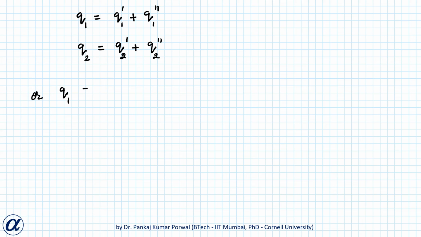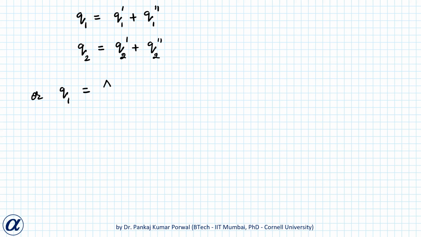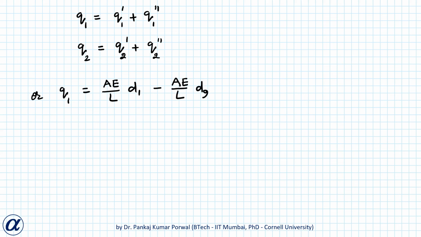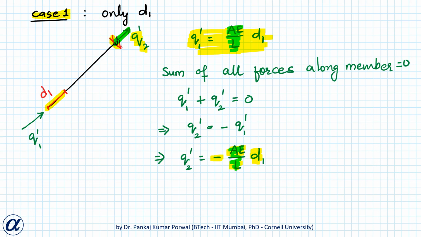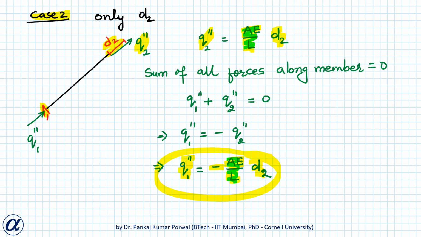Or Q1 will be equal to Q1 dash, which is AE by L D1, plus Q1 double dash, which is minus AE by L D2, and Q2 will be equal to Q2 dash, that is minus AE by L D1, plus Q2 double dash, that is plus AE by L D2.